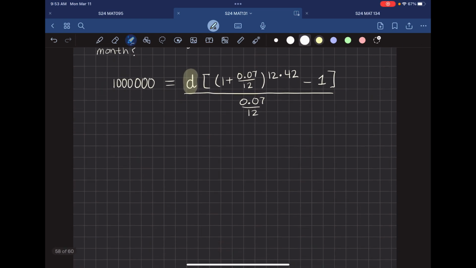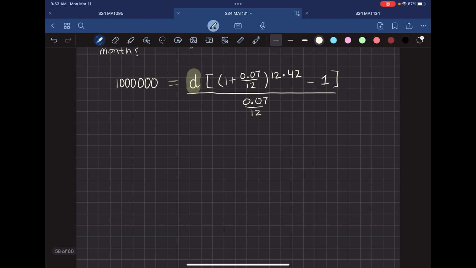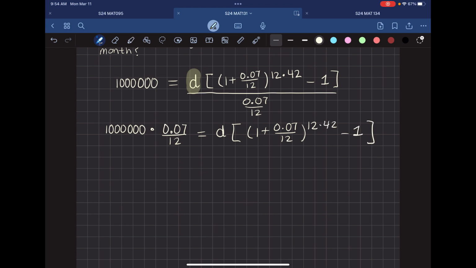So we can essentially shuffle everything over. So if I multiply both sides by the 0.07 divided by 12, I'll end up getting 1 million times 0.07 divided by 12 is equal to D times 1 plus 0.07 divided by 12, to the 12 times 42, minus 1.